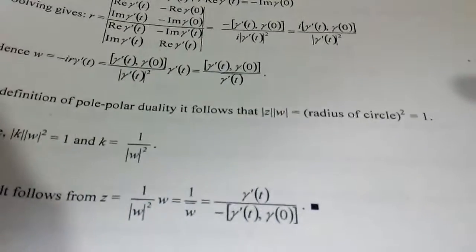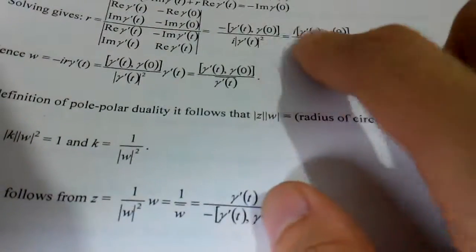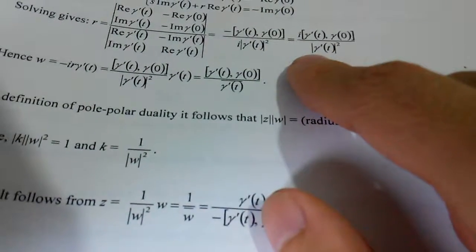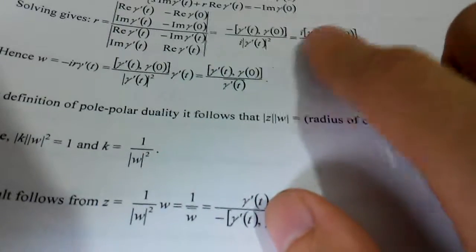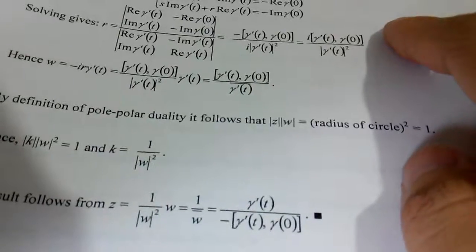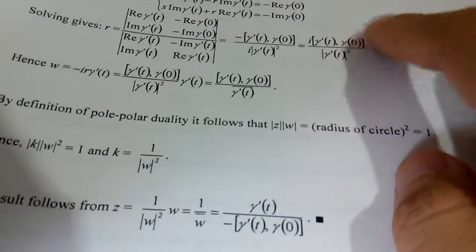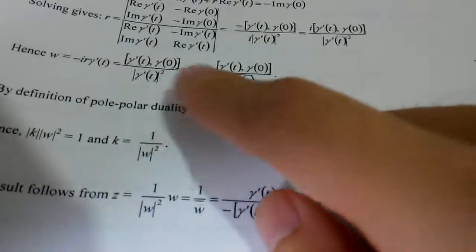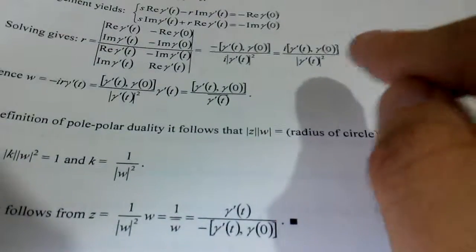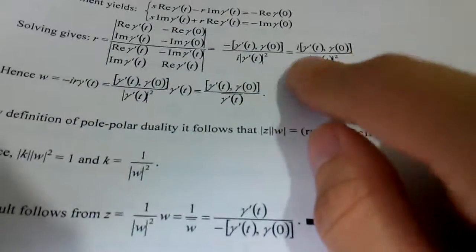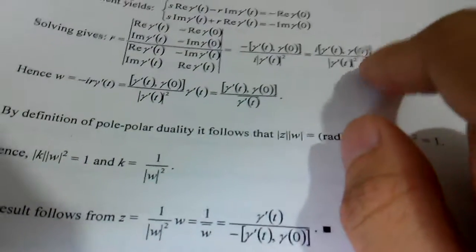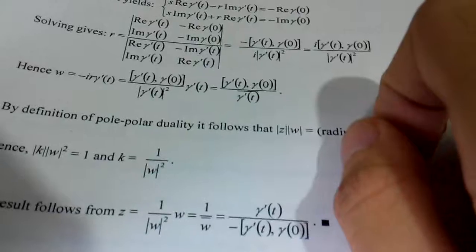Okay, so what is R squared? This is R, I mean. And R squared becomes minus 1, this squared, and then this goes to the 4th power, and then this gamma prime t, well, then this modulus cancels with this modulus, and then I'm left with gamma prime t squared, and then this thing would become squared.